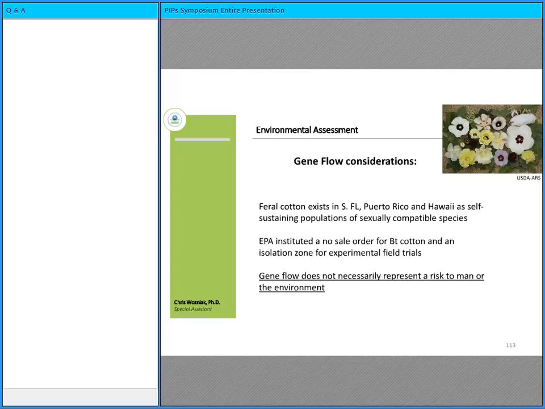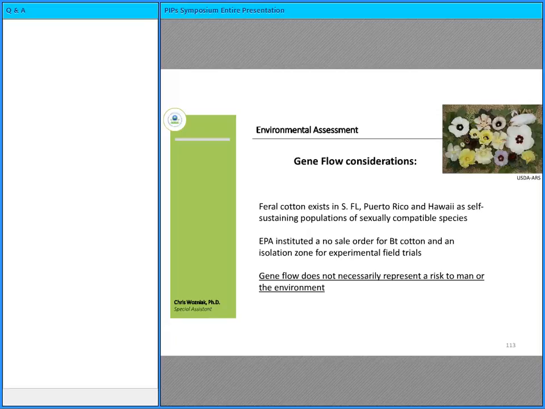They were arguing that it was crepuscular pollination, meaning that it was pollinated at night, most likely by moths. Turned out that was wrong. In fact, the same pollinators that pollinate the feral cotton there would also pollinate the native Hawaiian cotton.